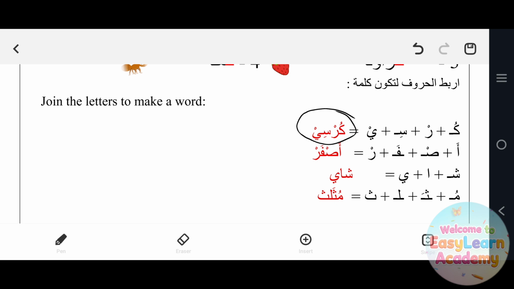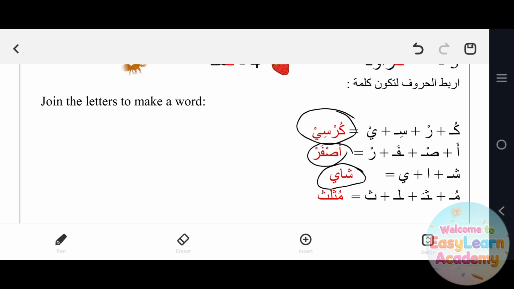The letters given like Q plus R plus C plus Y, and we have to join and write Kursi. The second one is Asfar, A plus S plus Fa plus R. The third one is Shy, Sheen plus Alif plus Ya.